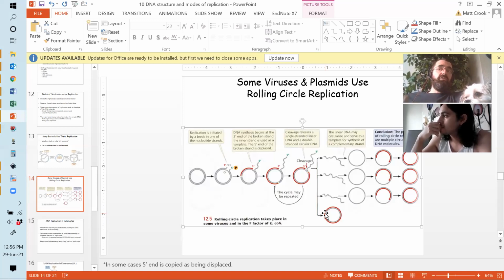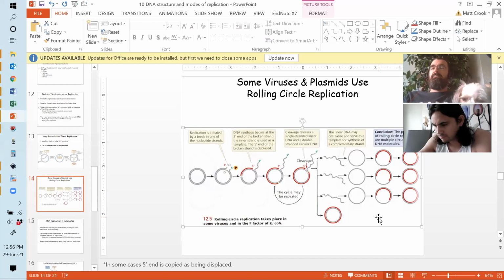Now, if that isn't used again, this is what you'll end up with. And then you'll have one other outer strand to get circularized to be turned into this. It just depends on how many rounds you go through, right? And essentially you can go through multiple rounds to generate these linear bits. And that's really what it's all about. It's about speed.